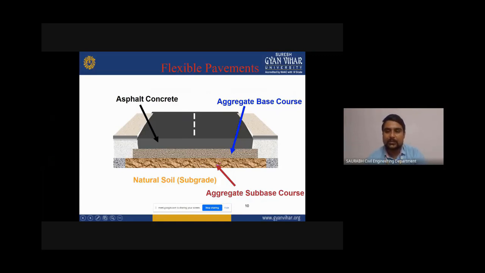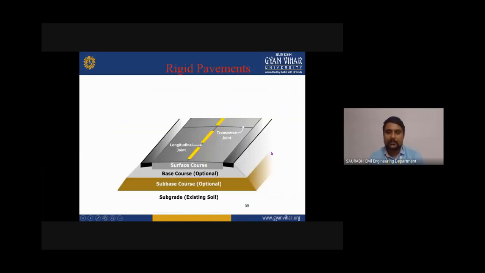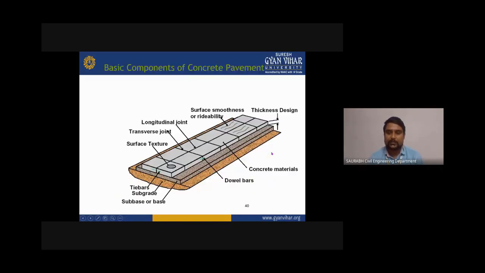After that, there is also an aggregate base course. There is a difference between aggregate sub-base course and aggregate base course. And on the upper side, there will be asphalt concrete. And this is your cross section of flexible pavement, as you can see here.